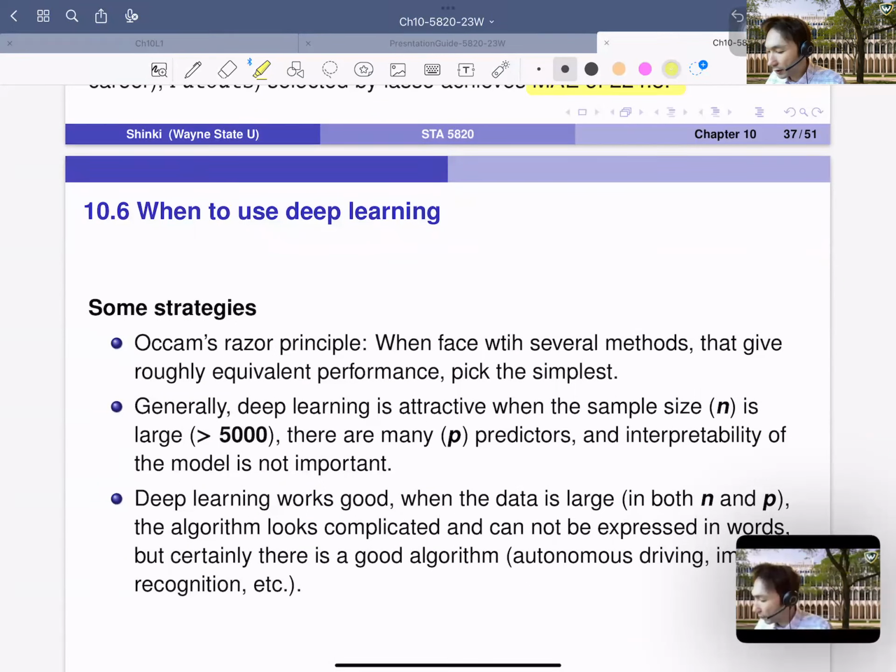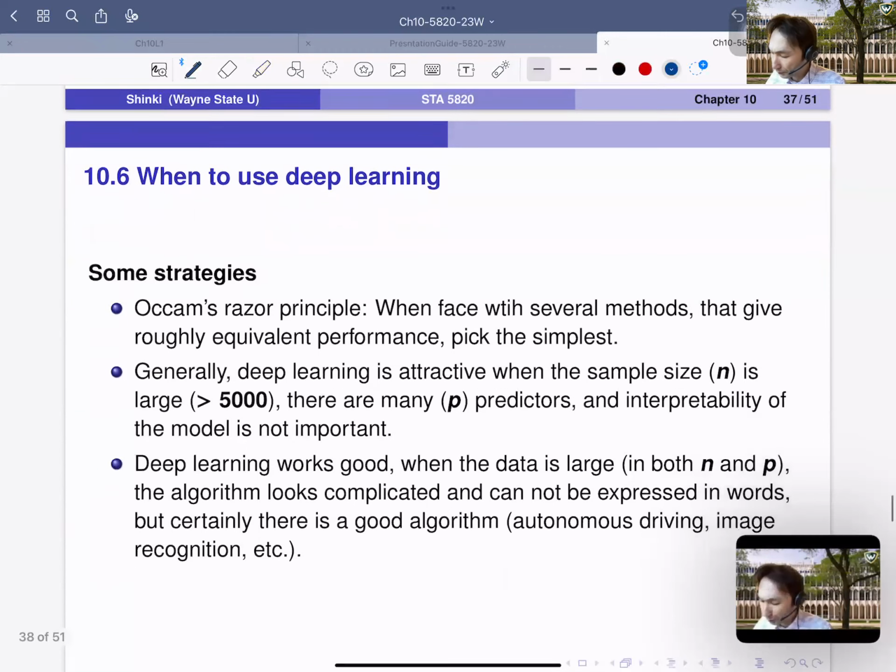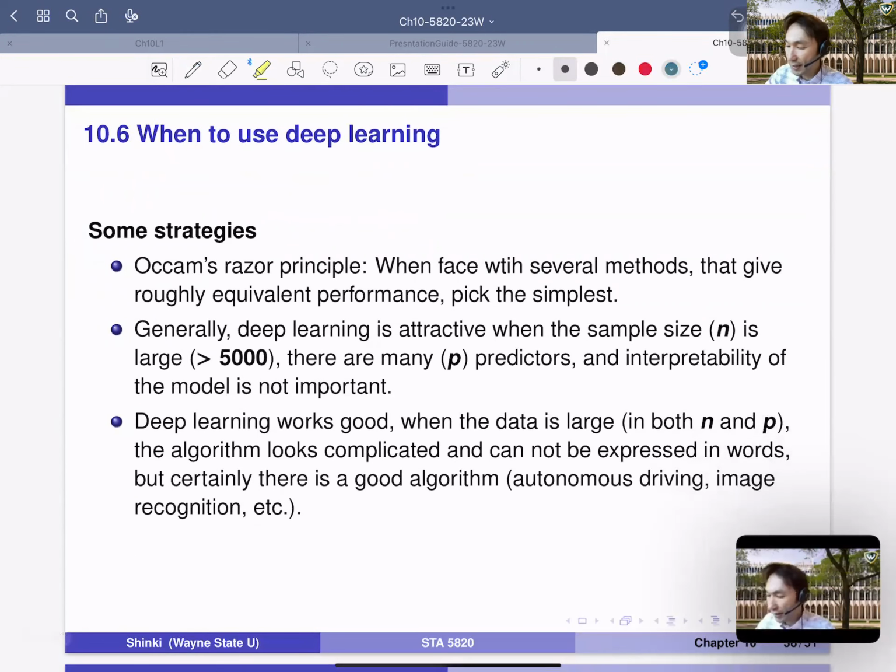So what kind of models to use? One principle is, when you face several methods with similar performance, then we should choose the simpler model because it's more robust. Also, and I think this is important, most of the time our data is small. Typically, in real world data analysis, the number of observations is between 30 to maybe 1,000.